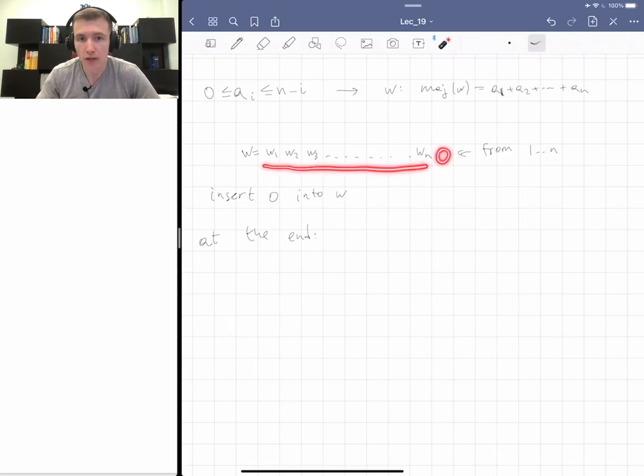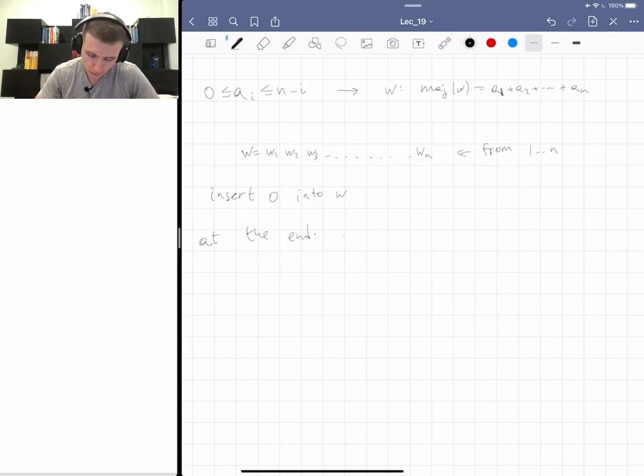So if there is a 0 at the end, then the major index is going to change by plus n. Right, because you create a new descent at the last position, and the major index takes the sum of positions of descents, so the extra descent is going to contribute plus n.